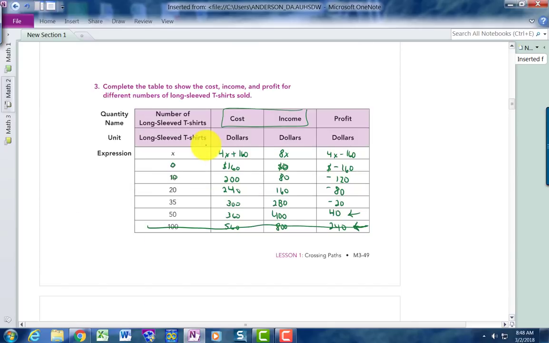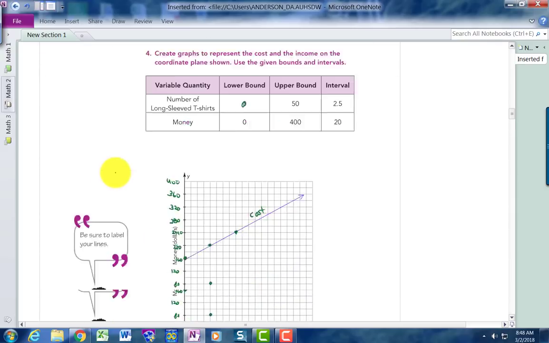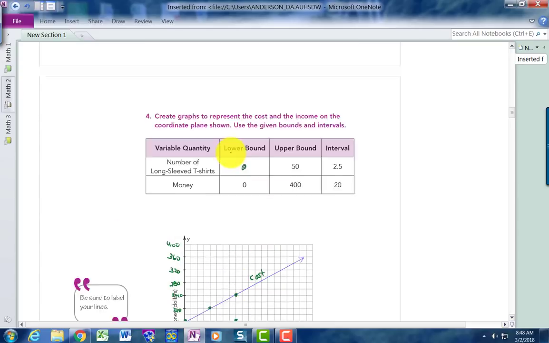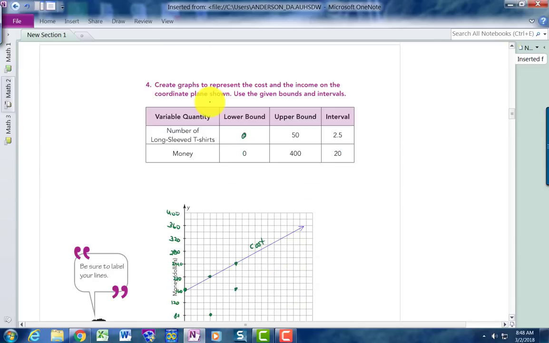And then maybe we could just do one more. 20, 160. So we're going to do 20, 160. Maybe I'll just do one more after that: 35, 280.